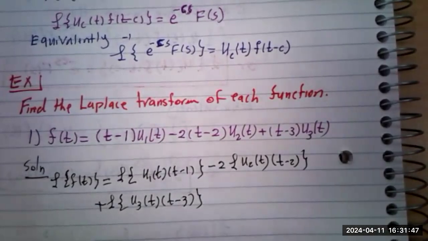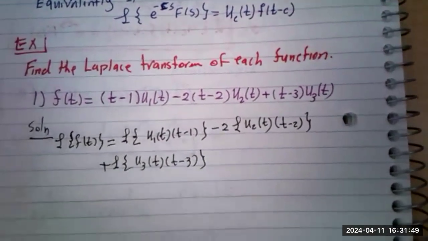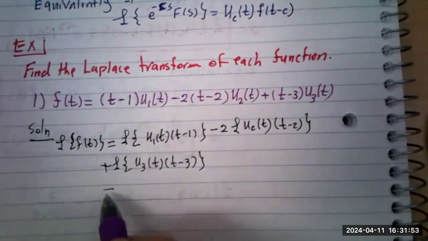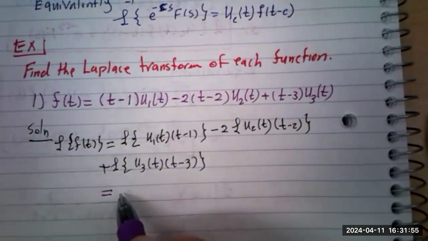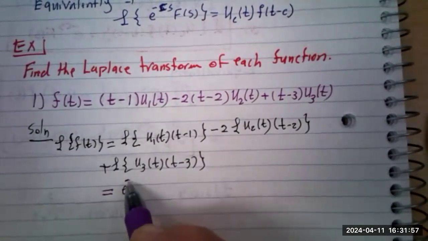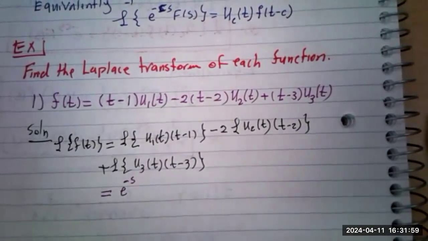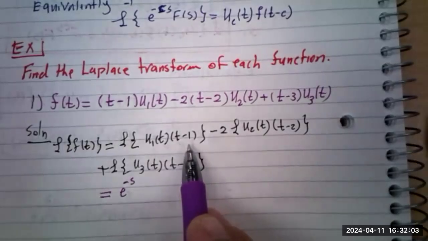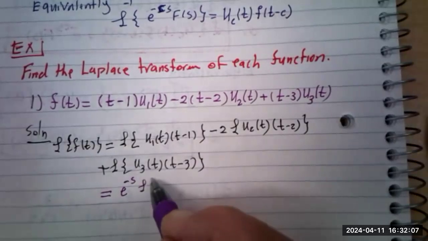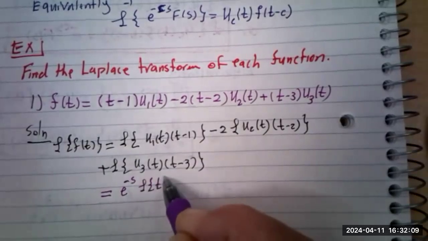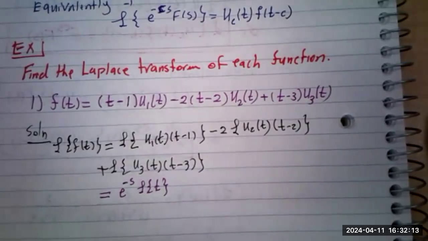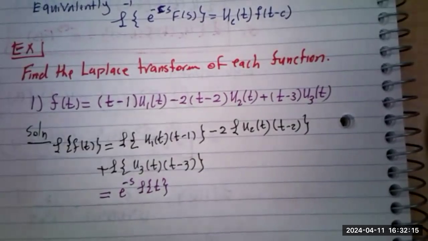Okay, now for each one of them, one by one, you apply the translation theorem. You have u1(t), so it's going to be e to the negative cs, e to the negative s, Laplace of f of t. You see, this is t minus 1. If you add the 1 to it, that gives you t, so it's going to be the Laplace of t. Your function is t, then f of t minus 1 will be t minus 1.